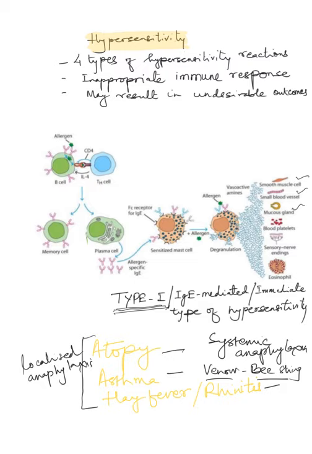It's the allergen and the production of the IgE, and these IgE then binding to their receptors on mast cells, and when the second time allergen enters, this binds to the IgE.